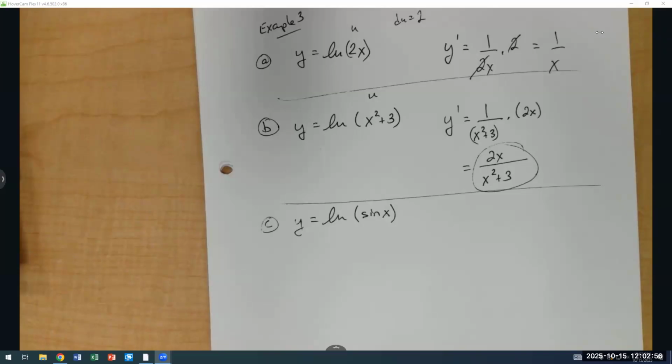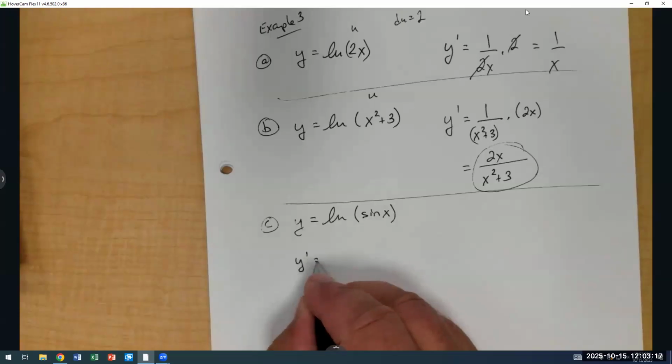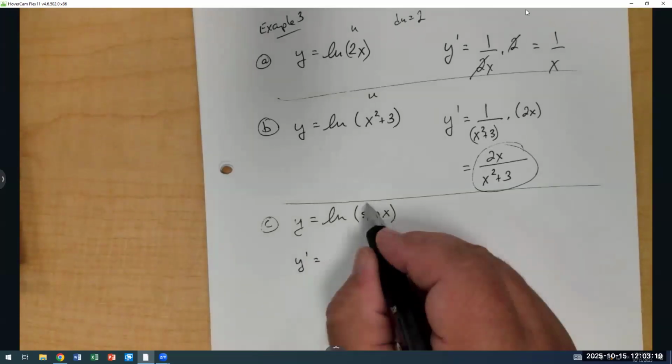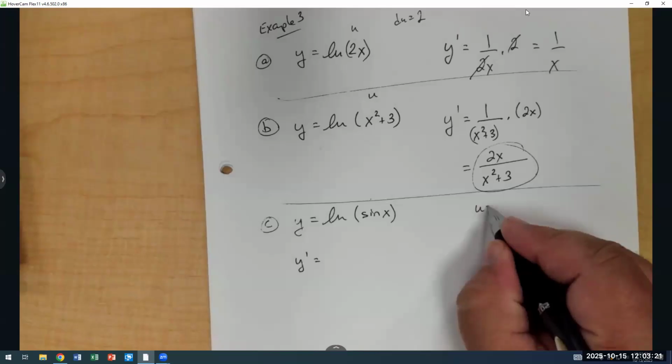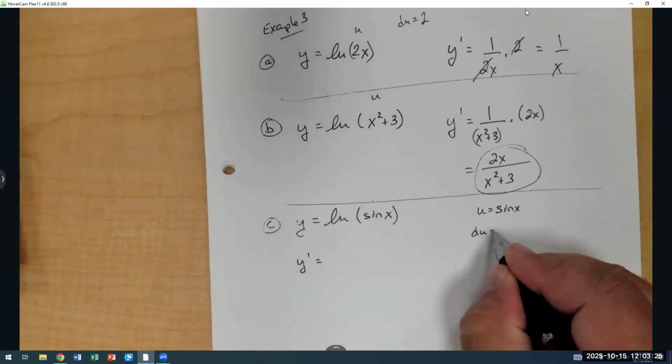No. Cotangent? Yes. This is u. So we need du.